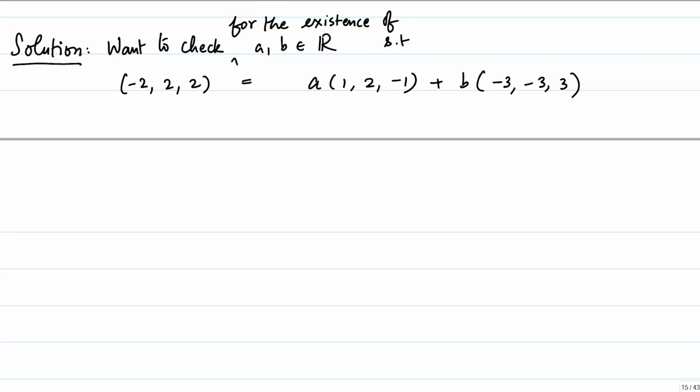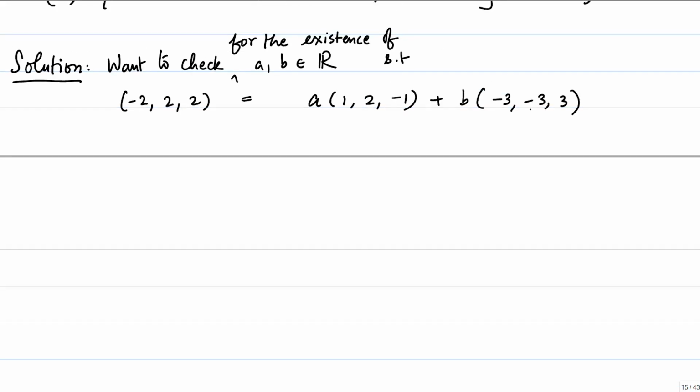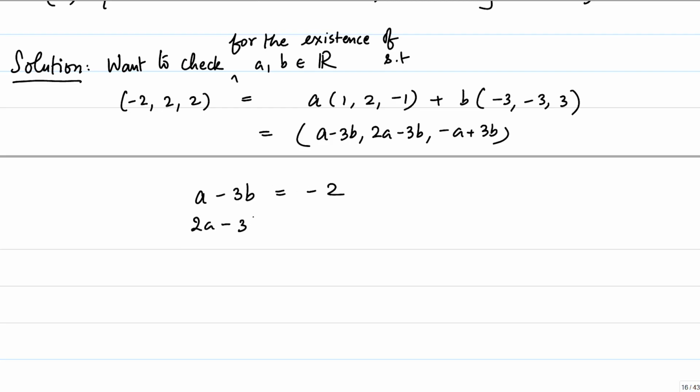Okay, so let's write down what this means. What is the right hand side here? The right hand side tells us that this is equal to a minus 3b, 2a minus 3b, and minus of a plus 3b. So what we want is a solution for the system of equations written down here: a minus 3b is equal to minus 2, 2a minus 3b is equal to 2, and minus of a plus 3b is equal to 2.